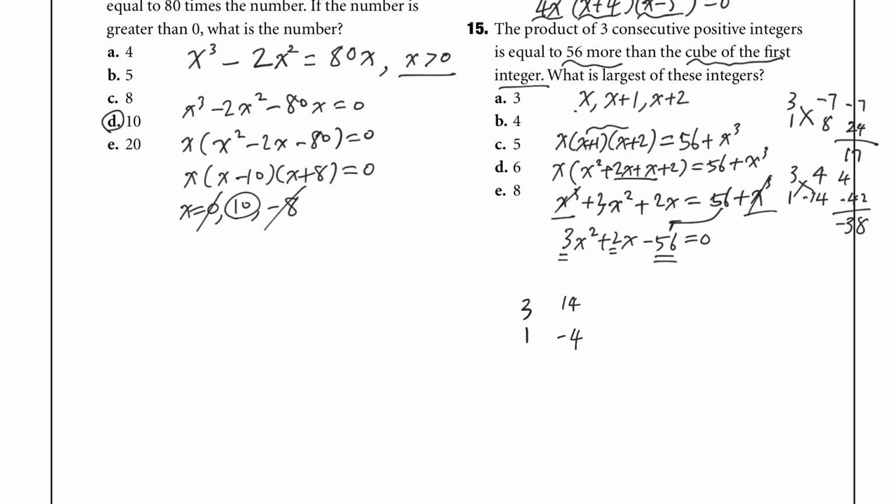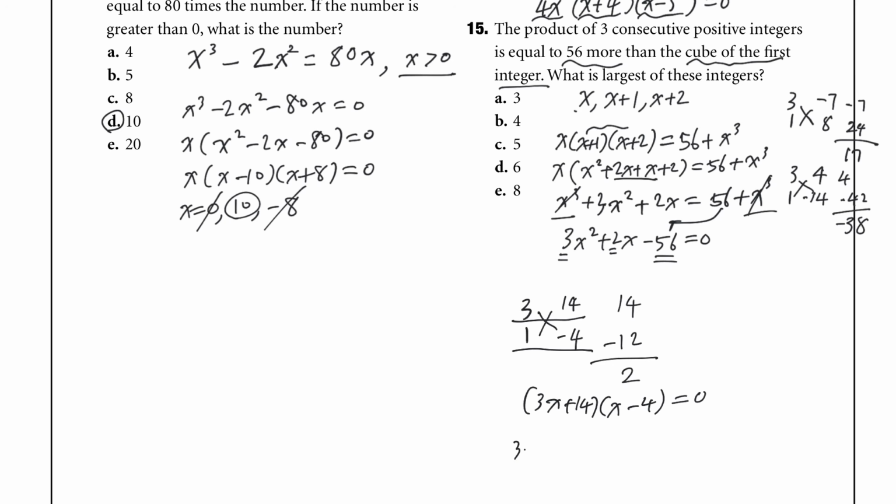Right? They still multiply to give you negative 56. Cross and multiply. 3 times negative 4, negative 12. What's 14 minus 12? It's 2. That matches. That means our factoring, you just write it like this: 3x plus 14 times x minus 4. That's equal to 0. So what's the value of x?